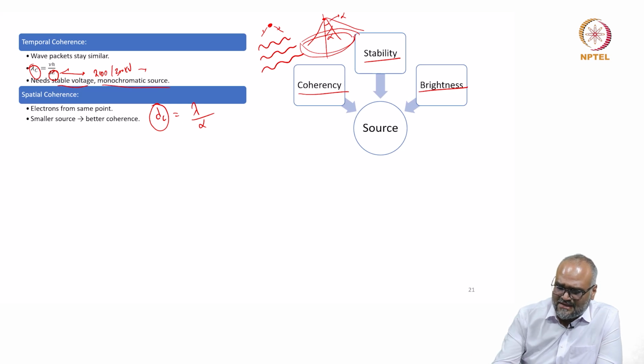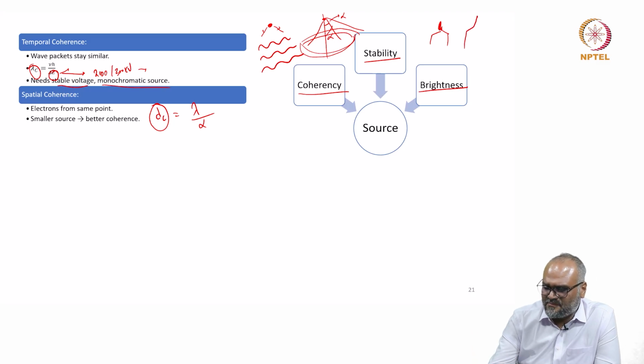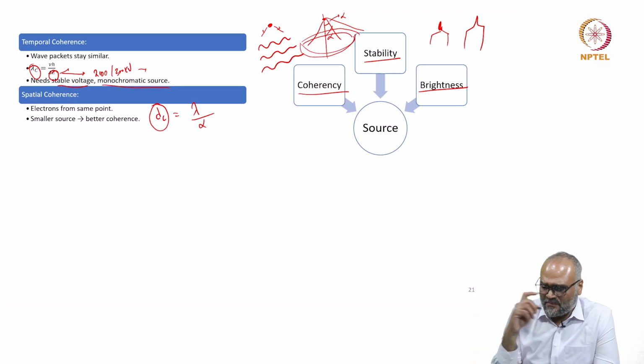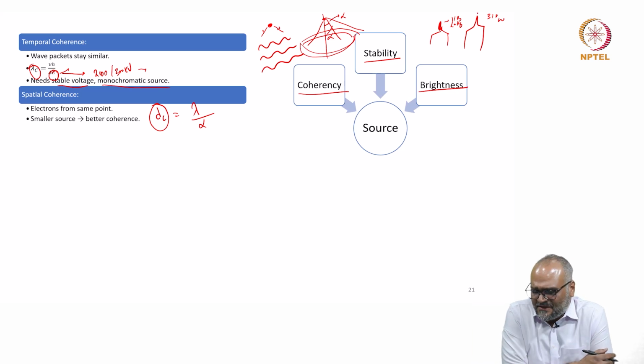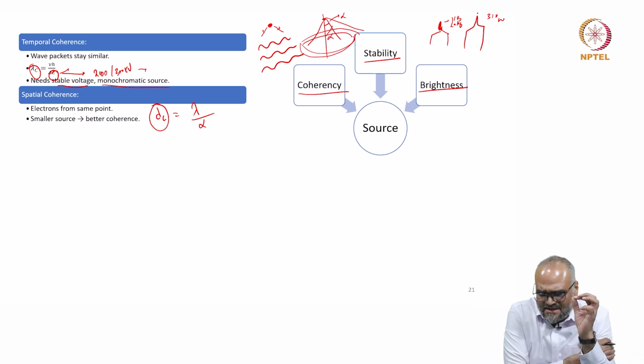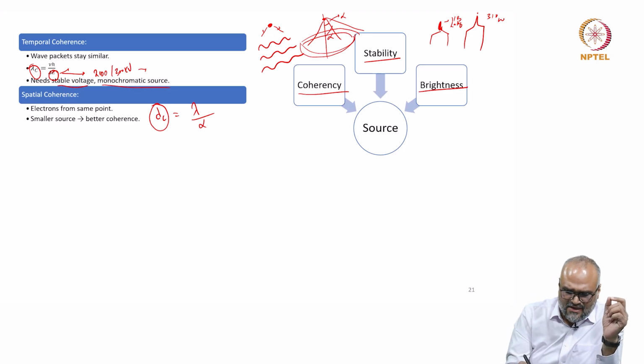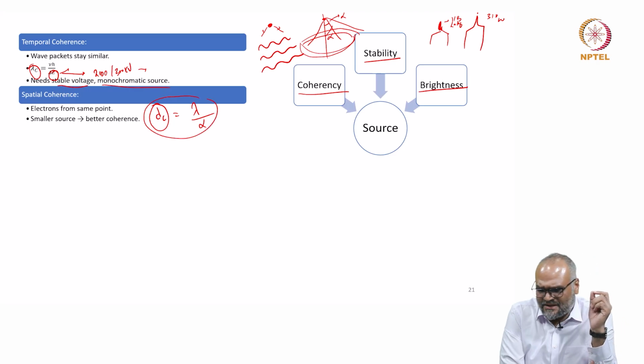Draw a comparison between a lanthanum hexaboride filament lying like this versus a sharp tungsten needle: the electrons emanating from the 110 plane of the lanthanum hexaboride crystal versus the 310 of a tungsten filament. Typically you have something like a trimer formed at the tip of a tungsten filament, and you have emission happening from a very small point. This is called the spatial coherence.